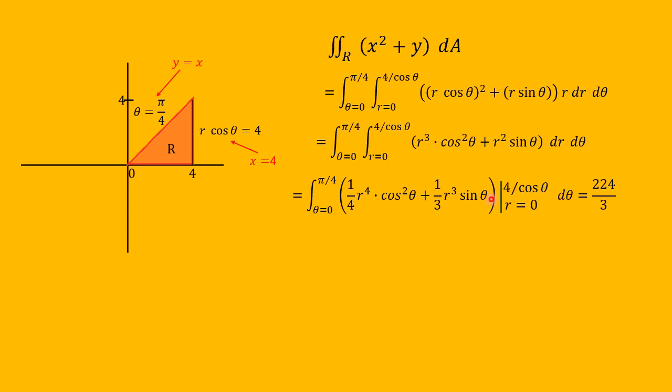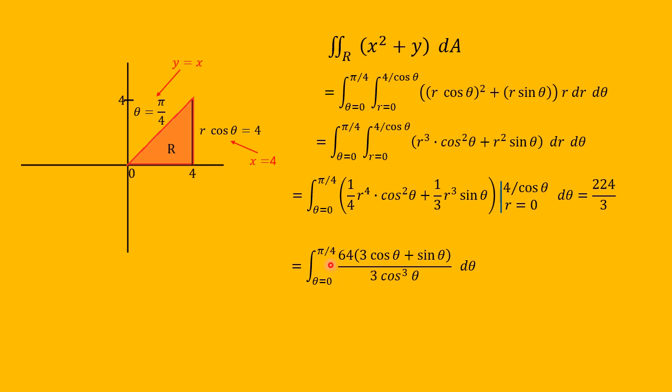And then whatever that is, we're going to integrate that with respect to theta. And it turns out that we get 224 over 3. But let's forget this part for a second. If we plug in these two values into this expression and subtract, we get this stuff right here.